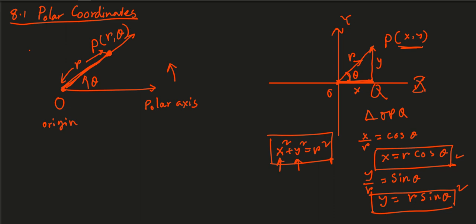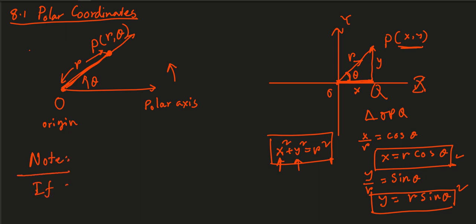Since r is a distance, it's always considered positive, but sometimes in the representation of points in the polar coordinate system it may seem like r is negative. Let me describe those situations. Let me write this as a note.